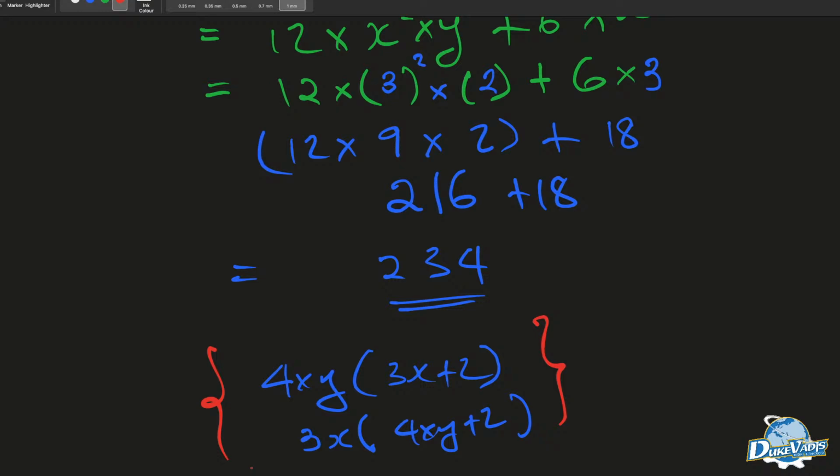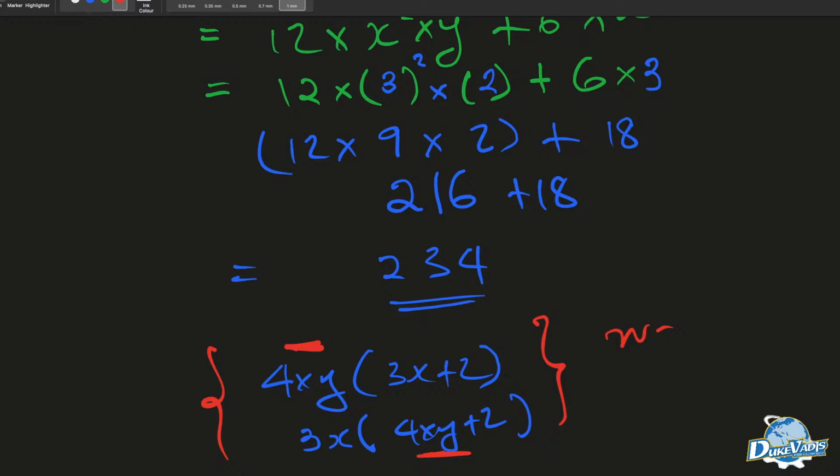Even though we have 4xy here and 4xy here, they will never ever be the same, even when we assume that our value for x is 0. So let's assume that the value of x is 0 to test.